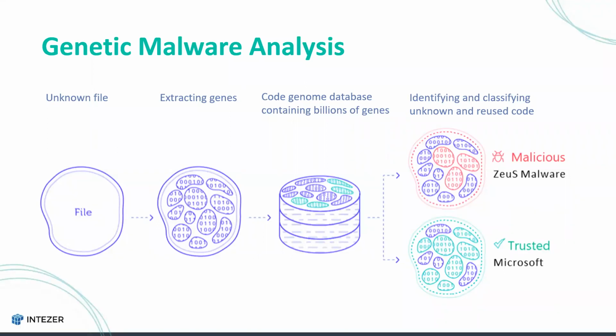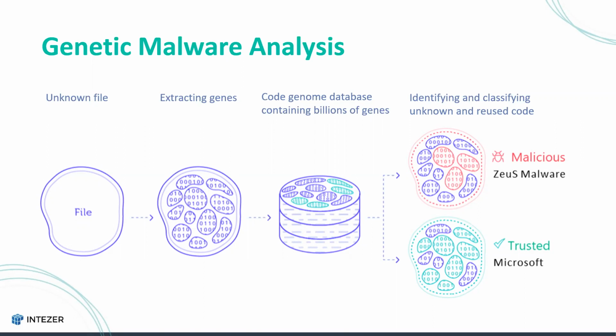So when we do this comparison, in the end, what we get is a genetic profile of the file, which shows you exactly which pieces of code have been used in malware, and at that, exactly which malware family. And the same goes for trusted software. So we can provide classification. This process is entirely static, so it's very fast as well, and provides great insights.